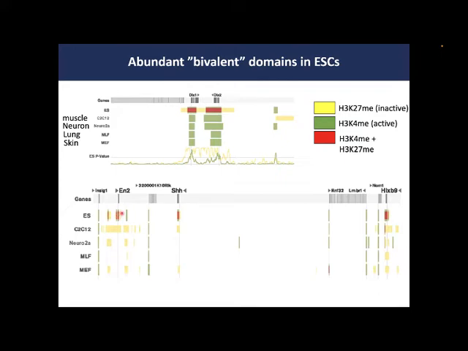In the ES cell, there are frequent bivalent domains for the important developmental regulators. However, in differentiated cells, the C2C12 cell, Neuro2A cell, and MEF cell, certain regions have an inactive marker and certain regions have an active marker, but they mostly do not coexist together.